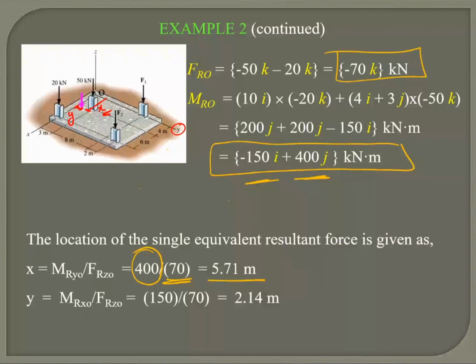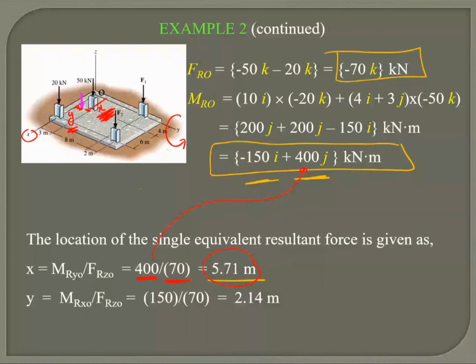Therefore, I am dividing the moment by the resultant to get the distance. The moment, which is basically the turning effect along the y-axis, divided by the resultant, gives me this distance, the x distance.